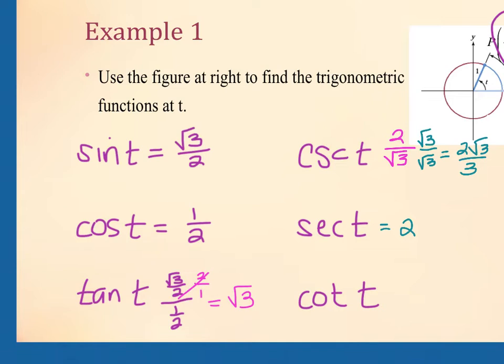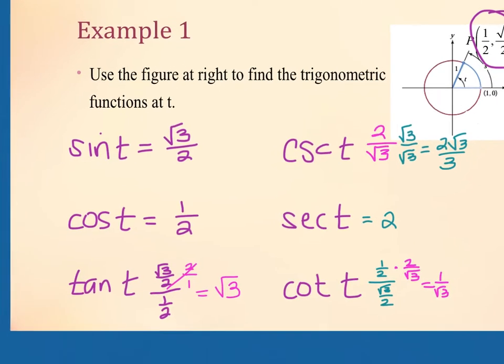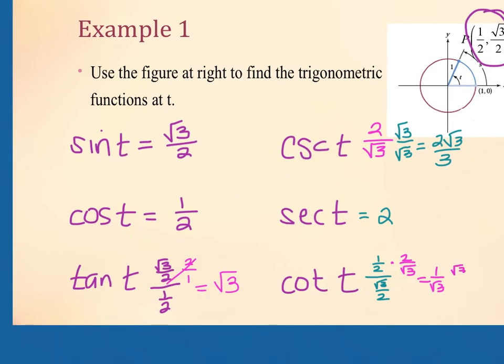With cotangent, you can either do x over y, so I could put 1/2 over root 3 over 2, and then keep, change, flip, times 2 over root 3. I get 1 over root 3, which has to get rationalized, and I get root 3 over 3. Or I could have taken my tangent, which is root 3 over 1, flipped it, and rationalized it.